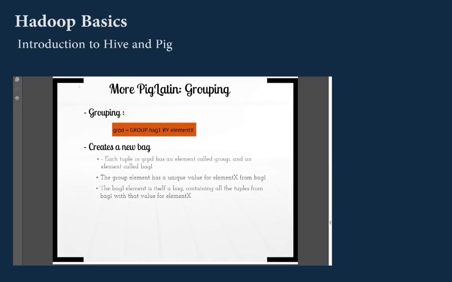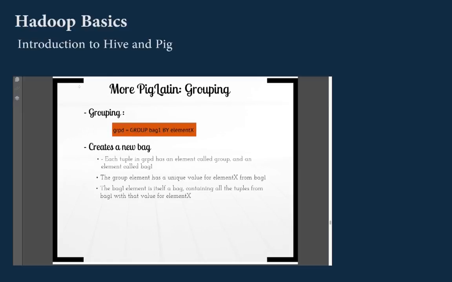Now, how does group by work? Let's understand. When you say group by, it creates a new bag, and each tuple in the group has a keyword called group. Just to give you some background, in SQL or RDBMS, we perform a group by and an aggregate operation in a single query.